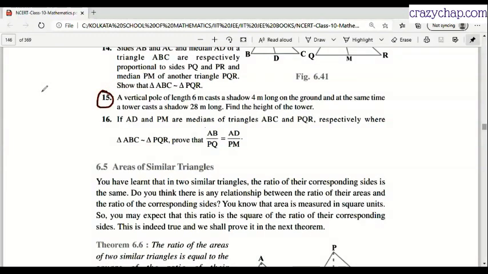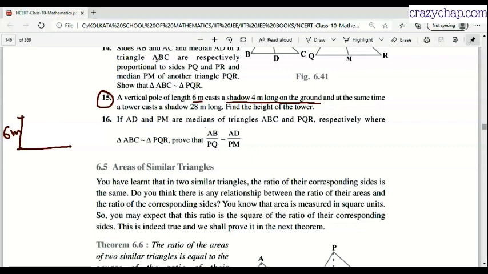Let me explain. A vertical pole of length 6 meters casts a shadow 4 meters long on the ground. So there is a pole of height 6 meters, and the shadow is on the ground.